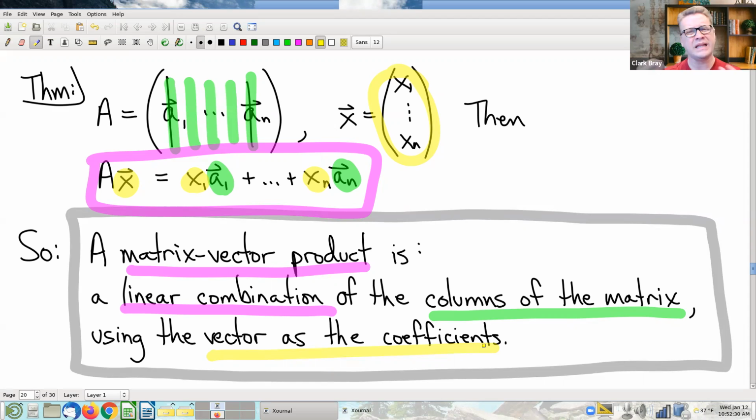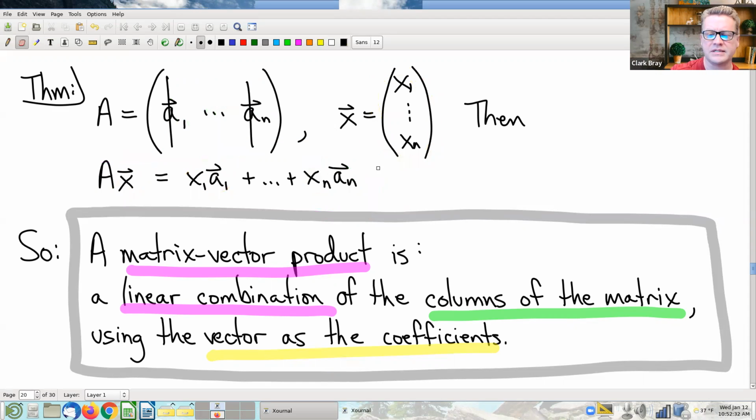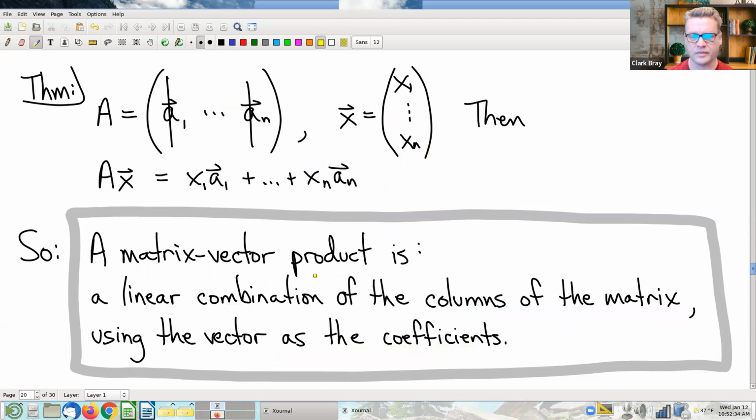And again, really underappreciated. Certainly coming into college, very few students have even seen this, whereas most students who take a linear algebra course have previously seen the dot product. Okay. Pause for questions.